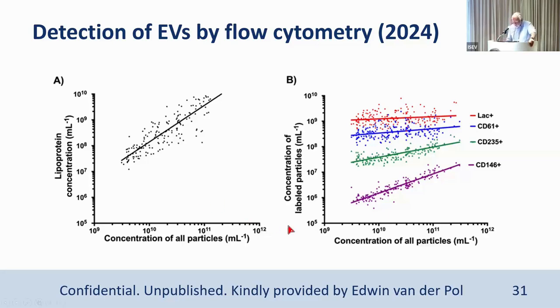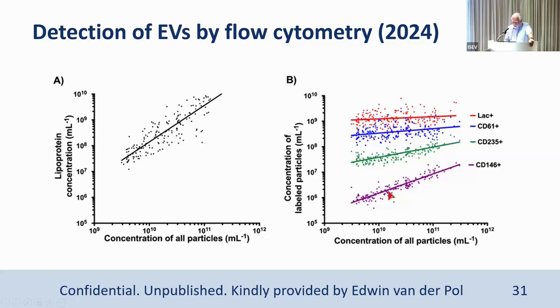Now, the interesting observation is this: if you plot the concentration of all particles, again, just as here on the x-axis, here Edwin plotted the concentration of labeled particles, so with antibodies with a fluorochrome. This is the concentration of labeled particles we measured. Now this is selected here in positive particles, so PS exposing particles, platelet particles, red blood cell vesicles and endothelial vesicles.